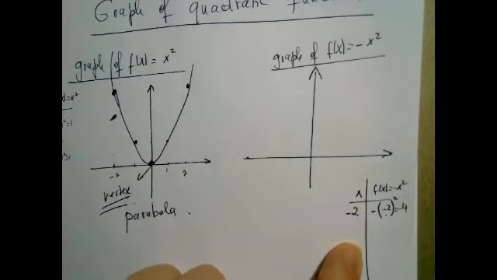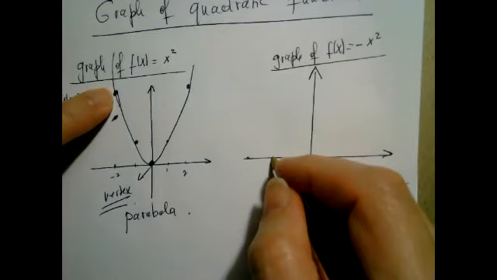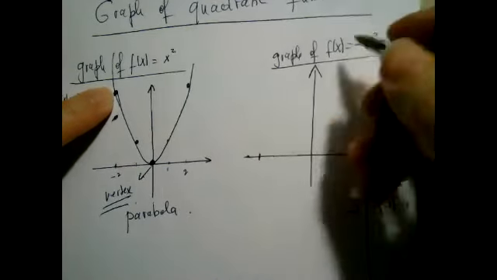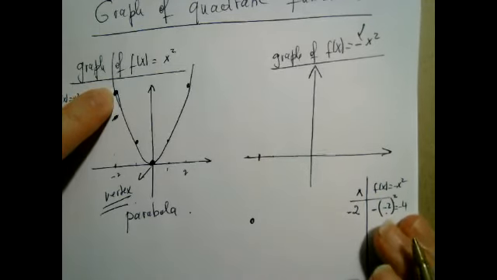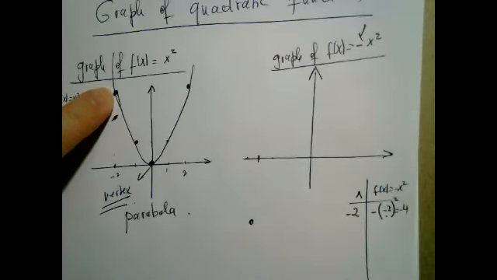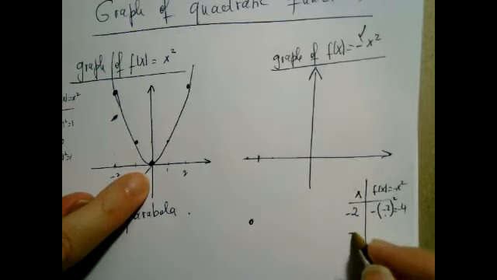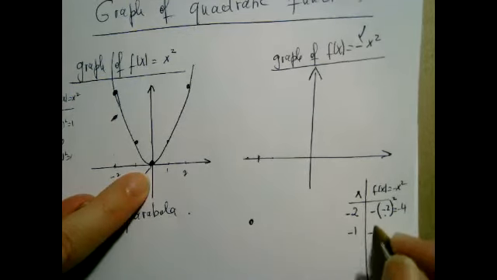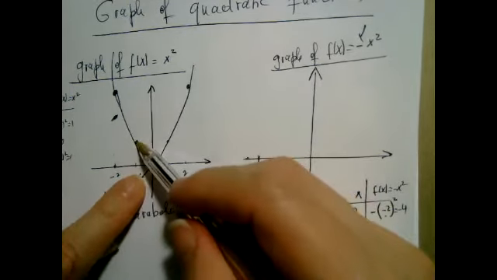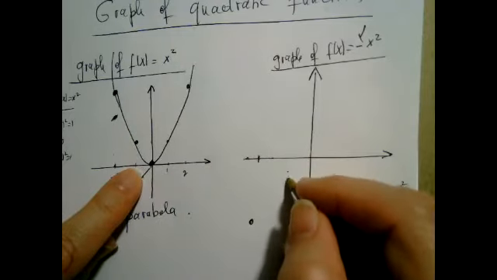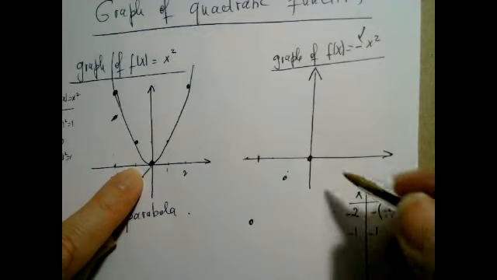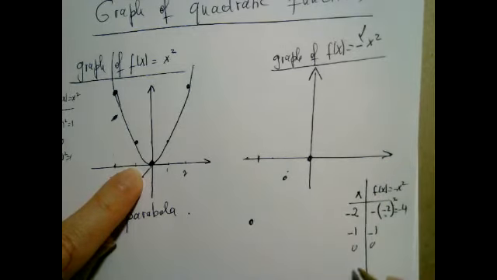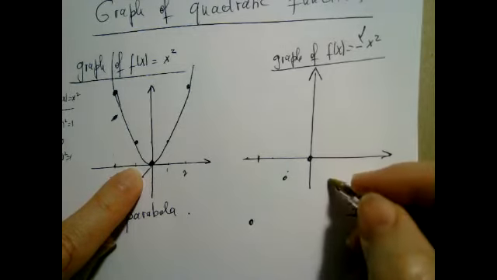So I get -4. At -2, x squared gave me 4. When you multiply it by a minus, that will give me absolutely a -4, because you're basically just multiplying by a minus sign. At -1, x squared gives you 1, and this one is going to give you -1. At 0, nothing changed. At 1, this will give me a -1.